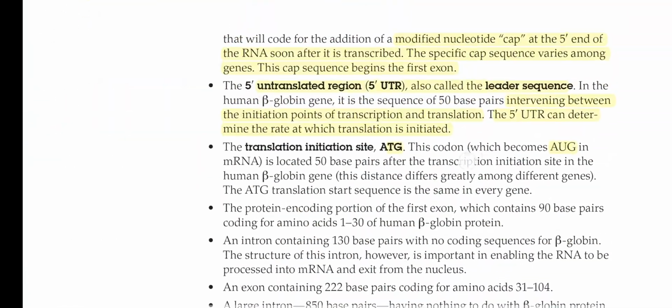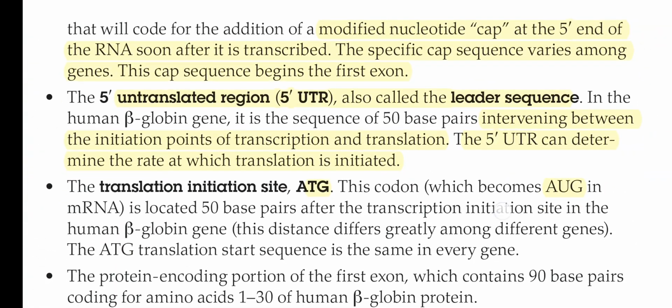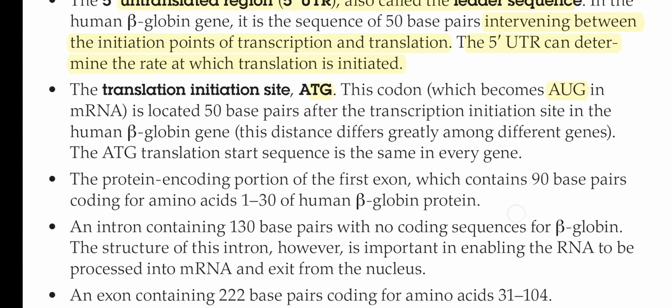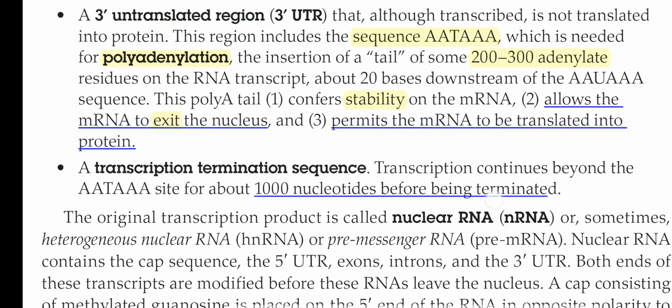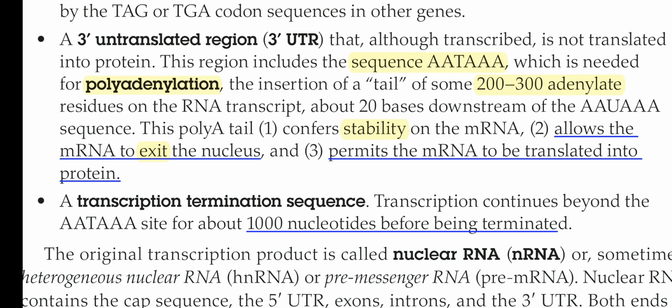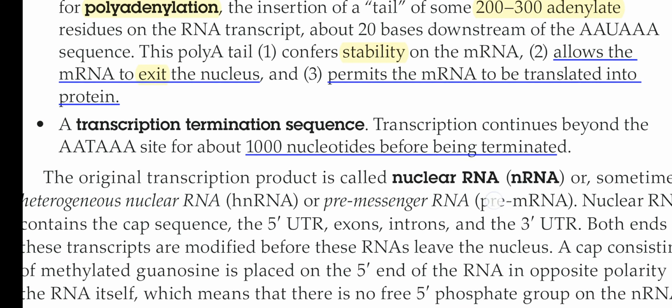And then this is the leader sequence in the 5' UTR region. This is the polyadenylation in the 3' UTR region. About 100 to 300 adenylates provide stability, allow this mRNA to exit the nucleus, and permit the mRNA to be translated into protein molecules.